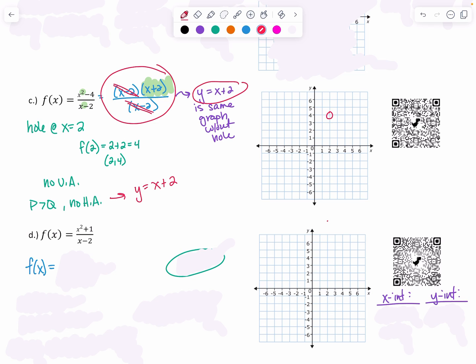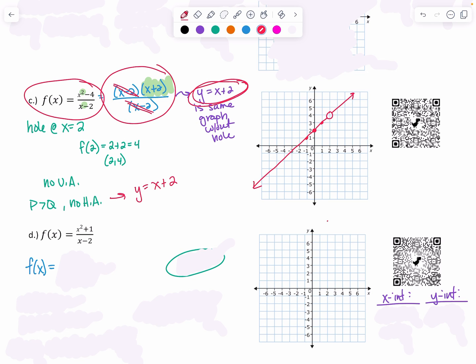We know that our original function is going to be the same exact picture as this y equals x plus 2. And so I know when I graph a line that the y-intercept, that b, is at 2, the slope is 1, so up 1 over 1, up 1 over 1, down 1, left 1, and I can graph the equation. This line with the hole is the graph of my original function.